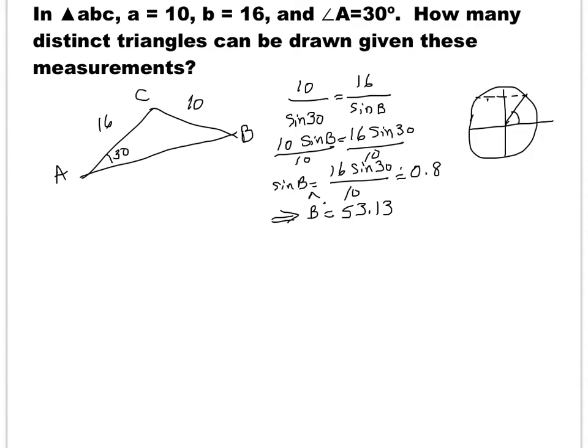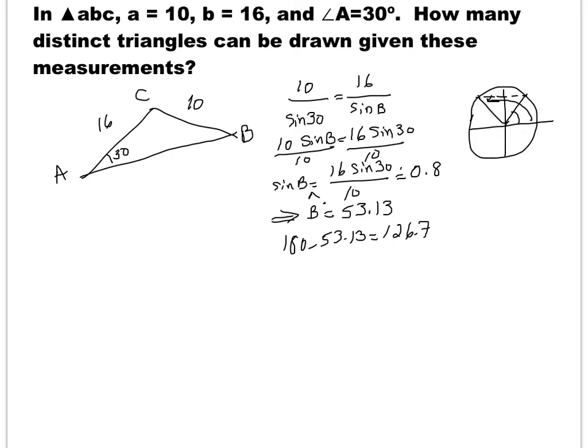So the second angle is this angle here, from here to here, which is equal to 180 minus 53.13, which is going to be 126.7.